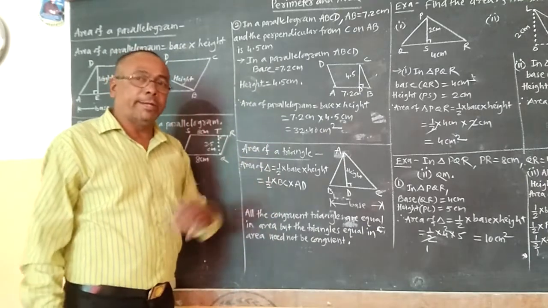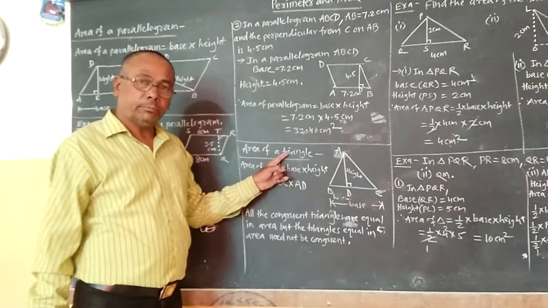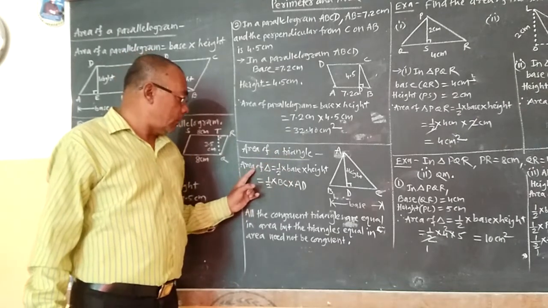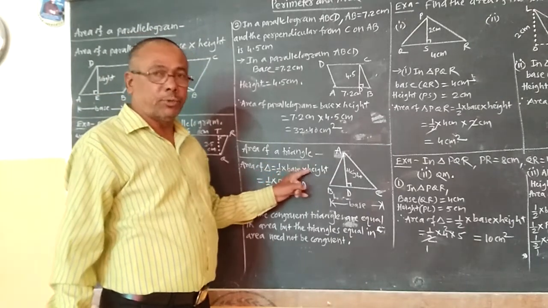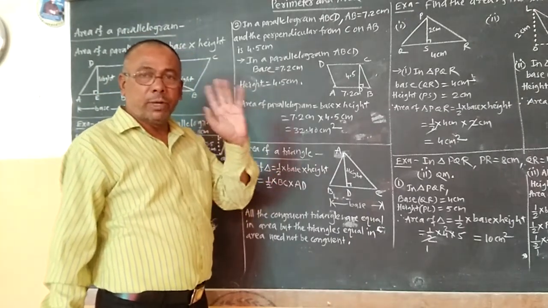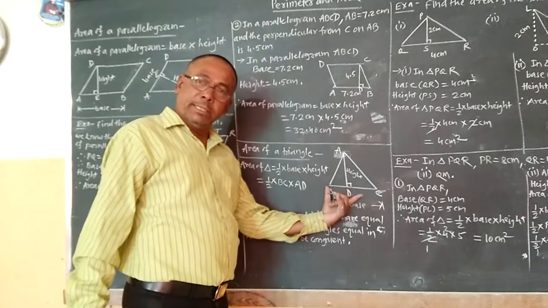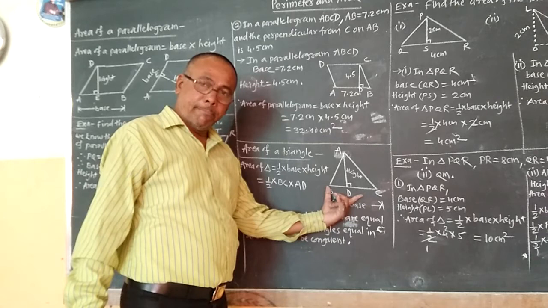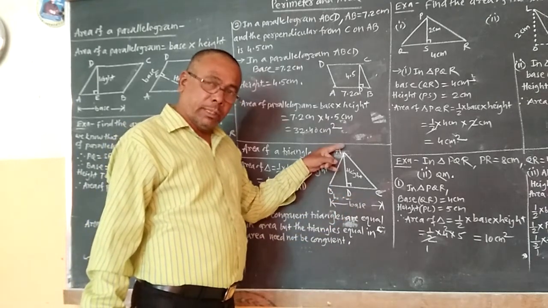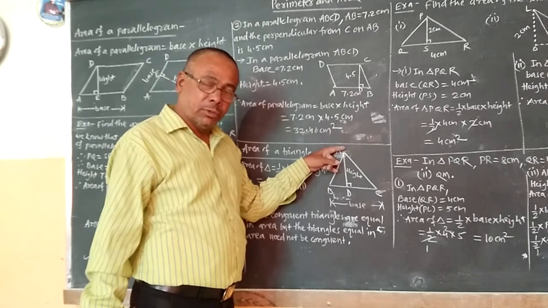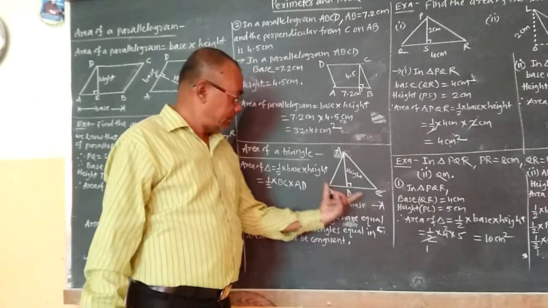Now our next point is the area of a triangle. Area of a triangle is 1/2 base into height. We know the formula, 1/2 base into height. Here the line segment drawn from the vertex to the base BC is AD.